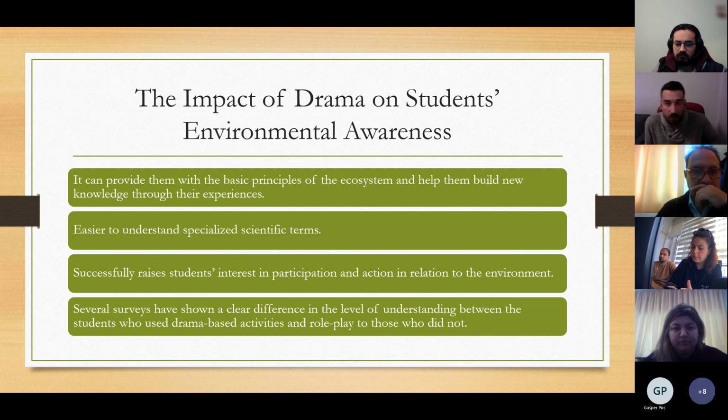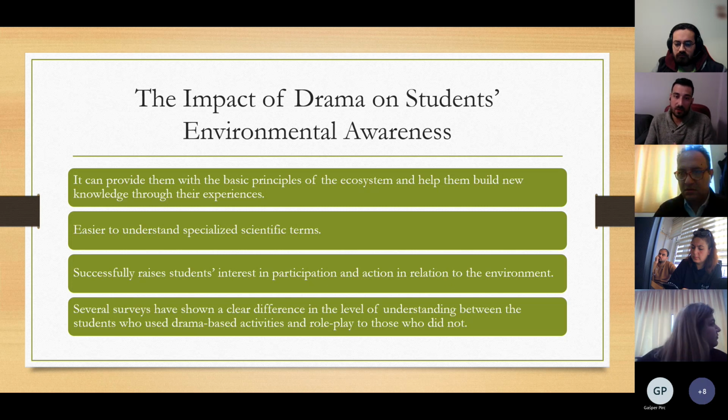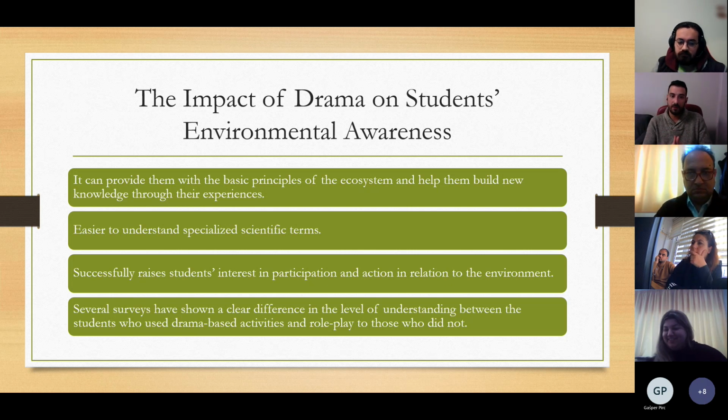Now, what about the impact of these classes and this specific approach on our students' environmental awareness? First of all, it makes it easier for them to acquire some basic theory about the ecosystem, and it also provides them with new experiences in order to build new knowledge and discover new things, even by themselves sometimes.